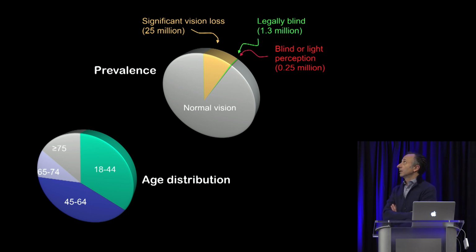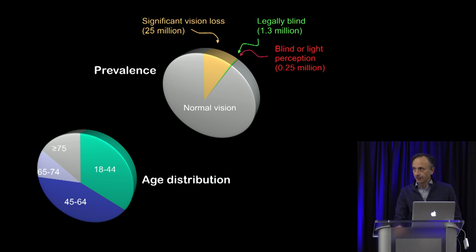The very narrow green slice is people who are legally blind. In the US, legal blindness is an acuity of 20/200 or less in your best corrected eye, so very low acuity, or tunnel vision, 20 degrees of field of view or less. That is a condition that occurs often with retinitis pigmentosa, for example, or with glaucoma.